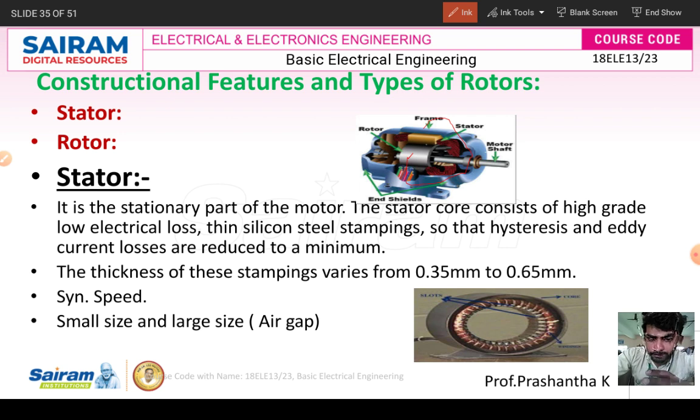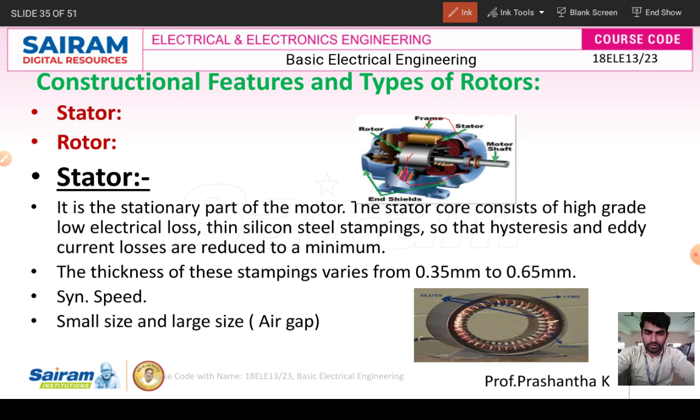For cooling purposes, a mounting base will be there, and fins will also be present for cooling, right? So the stator is the stationary part of the machine, and it consists of high grade silicon steel or cast iron. High grade silicon steel is used to reduce the hysteresis and eddy current losses. If it is lossless, definitely the efficiency will be more, right?